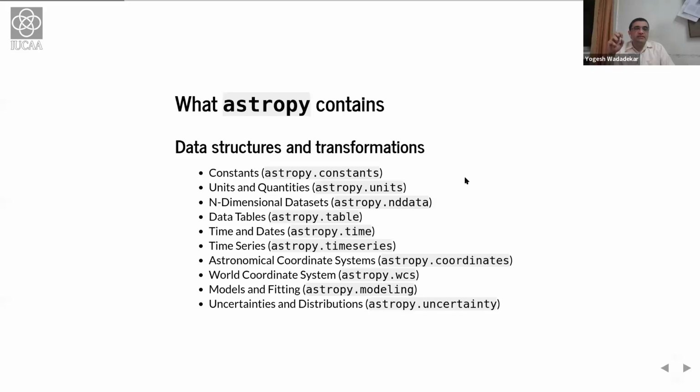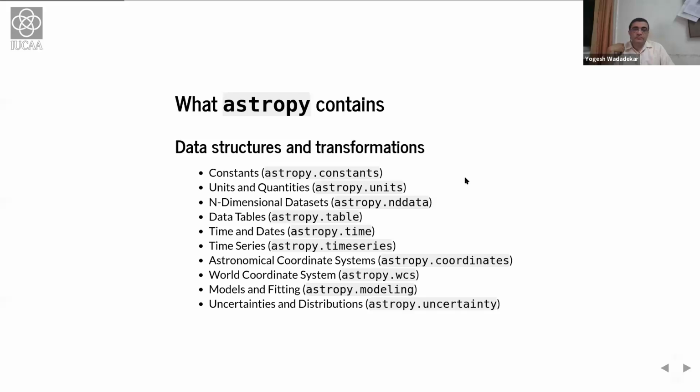Time and dates are handled in astropy.time. Time series, for example, there are now people who study transients of various kinds, who need to measure the flux as a function of time and then do the analysis on that. That's called a time series. The astropy.timeseries module has a number of functions that allow you to work with time series data.